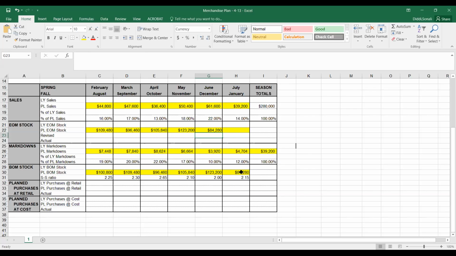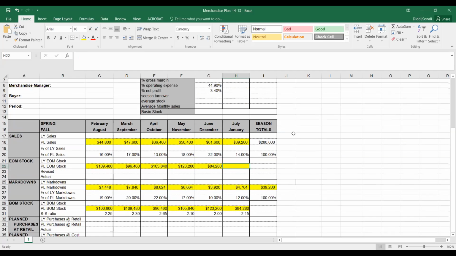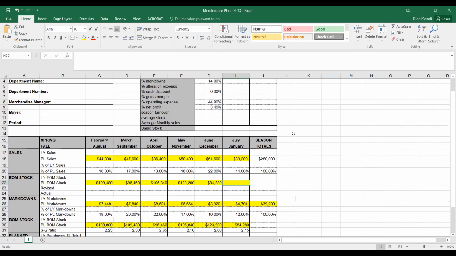Okay. Everybody, I'm hoping that everybody is able to finish till December. And now for January, because we don't have a February BOM stock number here, whenever we don't have the EOM stock given to us for the last month, the 6th month, it could be July or January, we always use the average stock number.